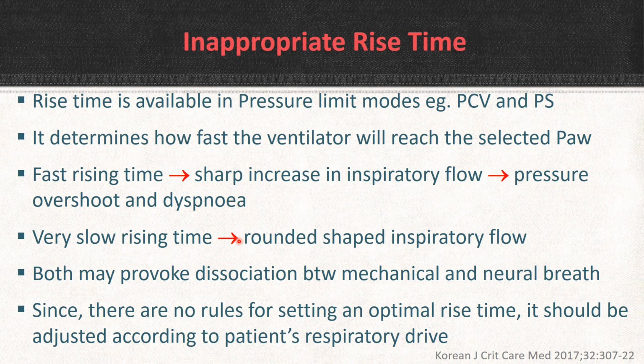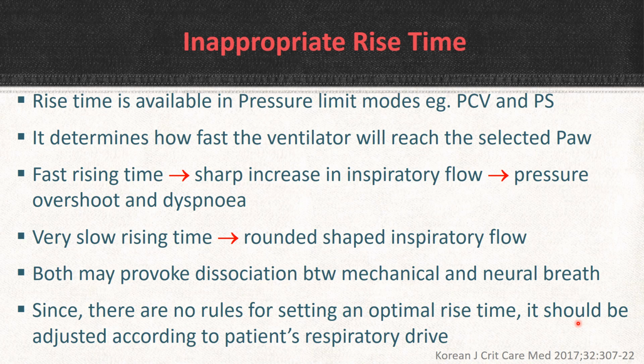On the other hand, if it is too slow, then a rounded-shaped inspiratory flow waveform may happen, and that will also be insufficient and may cause flow hunger. So, both may provoke dissociation between mechanical and neural breath. Since there is no rule for setting an optimal rise time, it should be adjusted according to the patient's respiratory drive.